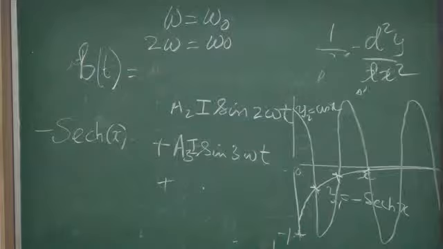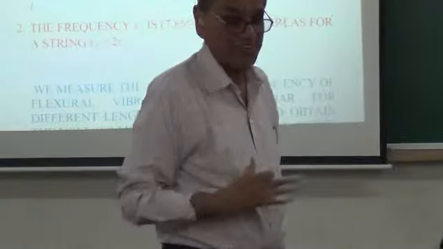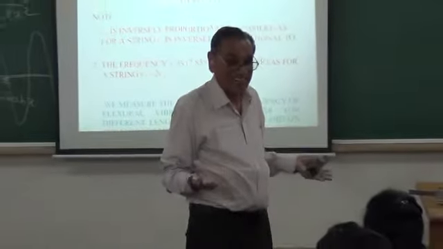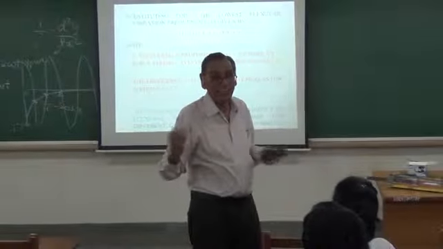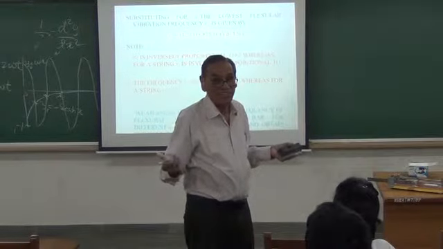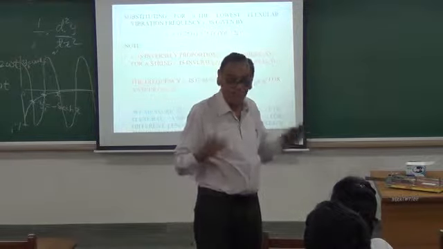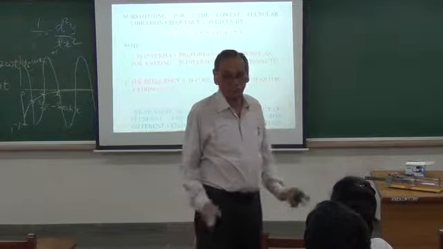As I come to 30, I will get the first resonance, and that will have a very large amplitude. Then I lower it further. When I come to 15, I will get the second resonance, since 2 into 15 is 30. So I will get a resonance at omega naught by 2, and I will get a resonance at omega naught by 3.